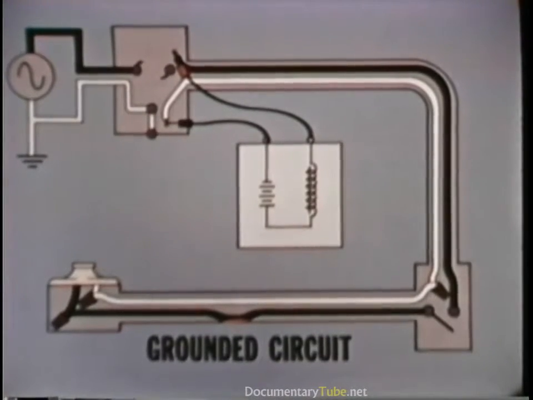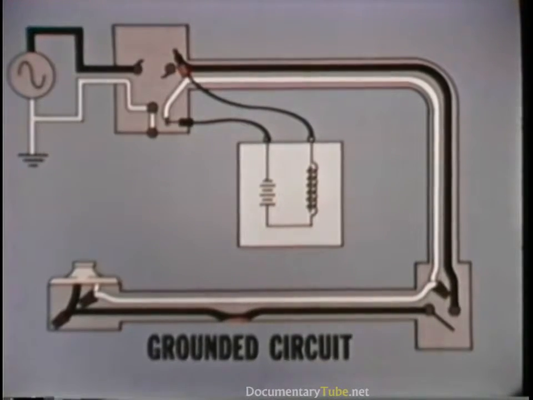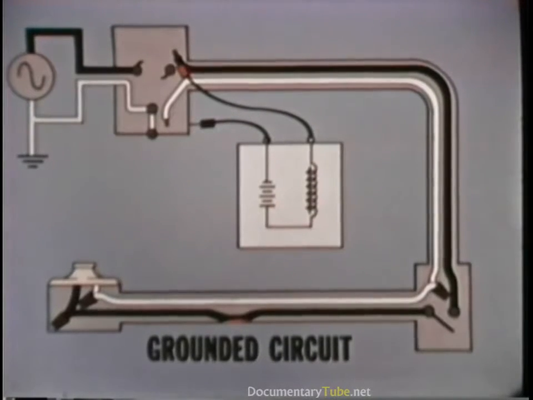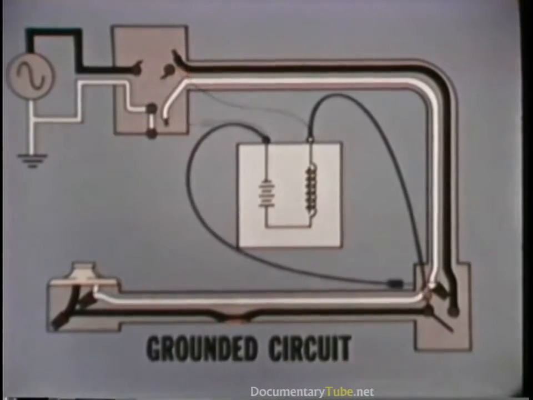First, checking between the two conductors indicates that there is no short circuit in the first section of the circuit, and there is no continuity between the hot conductor and ground in this section. However, between the hot conductor and ground in the second section, there is continuity.